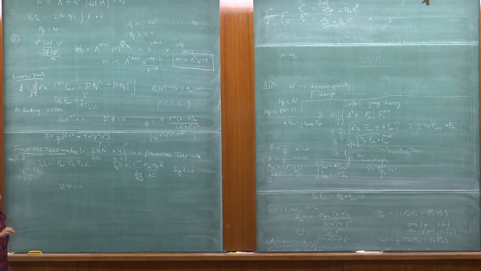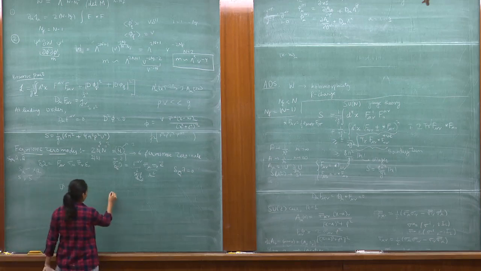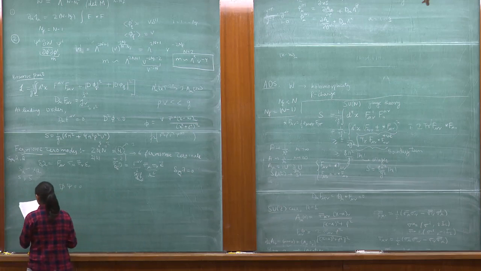But now when you turn on the expectation value, there is a Yukawa coupling term which couples the gaugino with the fermions in the fundamental and anti-fundamental. So the Yukawa coupling term usually looks like this.